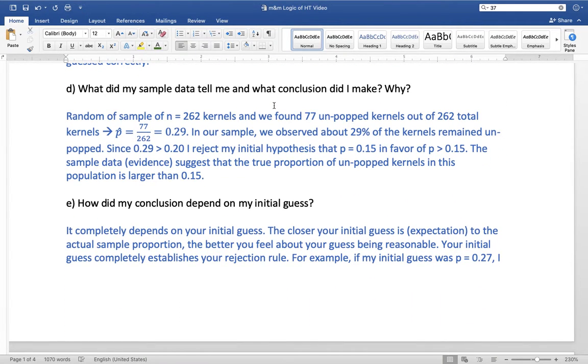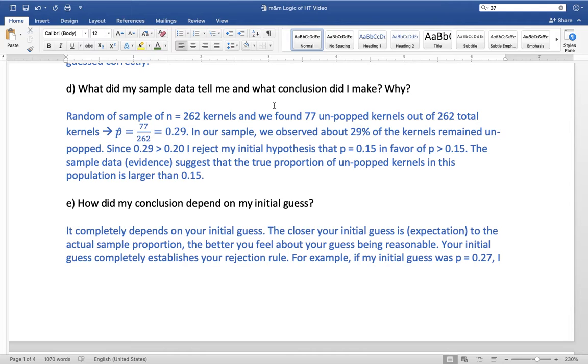So what did my sample data actually tell me, and what conclusion did I make, and why? I took a random sample of those 262 kernels, and I found 77 unpopped kernels out of those 262. That told me P hat, the sample proportion, was 0.29. So in our sample, we observed that 29% of the kernels remained unpopped.